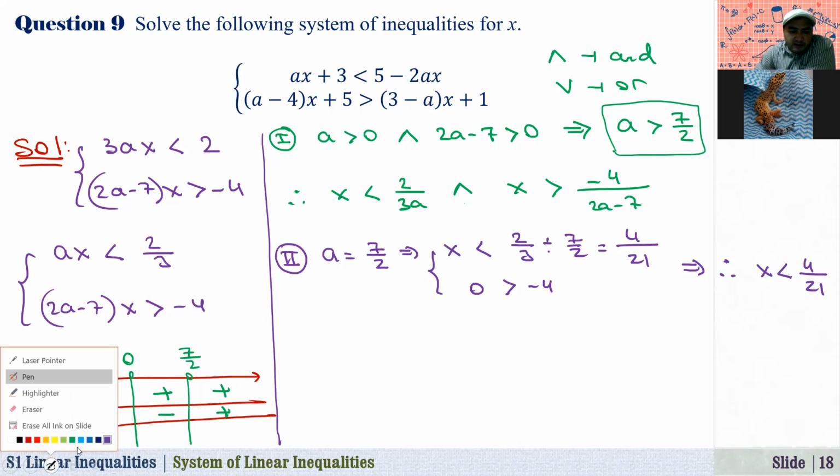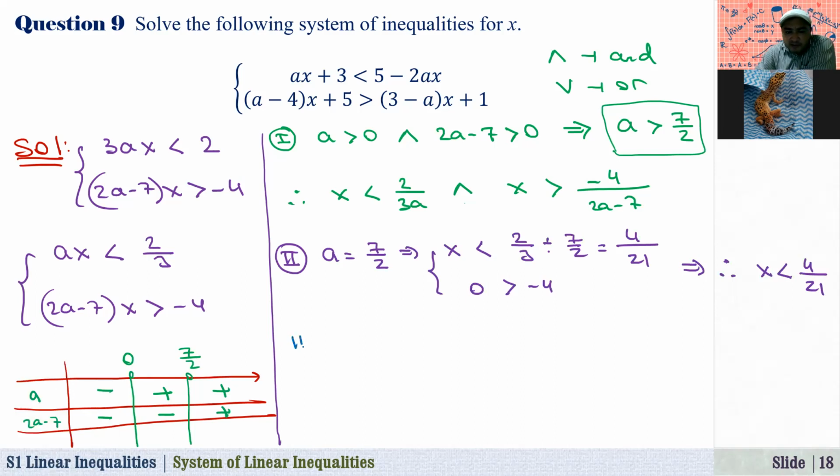Now the third case here is, okay, A is between 0 and 7/2. So 0 less than A less than 7/2. In this case, as you see here, the first one, right? A is positive, but 2A minus 7 will be negative. So the solution will be, for the first one, X is less than 2/3A.